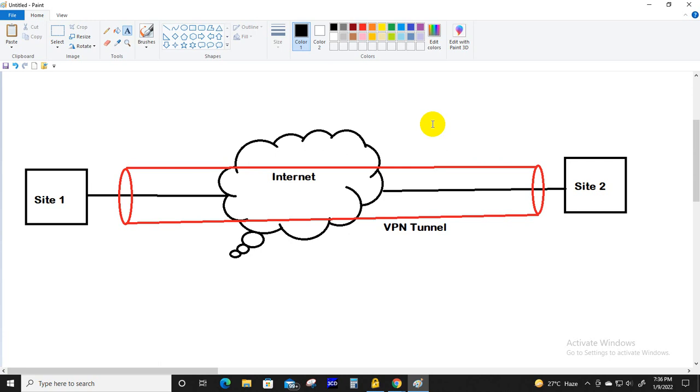But when we use IPsec, the original packet is encrypted first before being encapsulated with the VPN header and the new IP header. That makes IPsec secure.